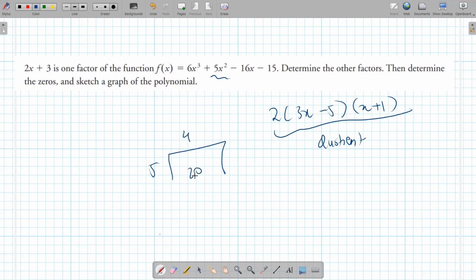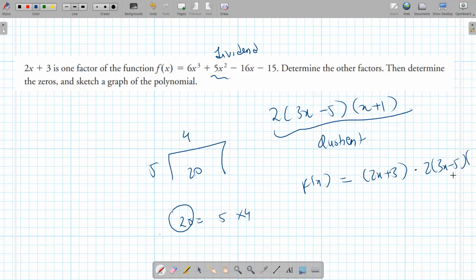So how can we rewrite 20? 20 is equal to 5 times 4. So that's what I did here. f of x is our dividend. So f of x is equal to the divisor, 2x plus 3, times the quotient, 3x minus 5 times x plus 1, times 2. Quotient times the divisor is the dividend.